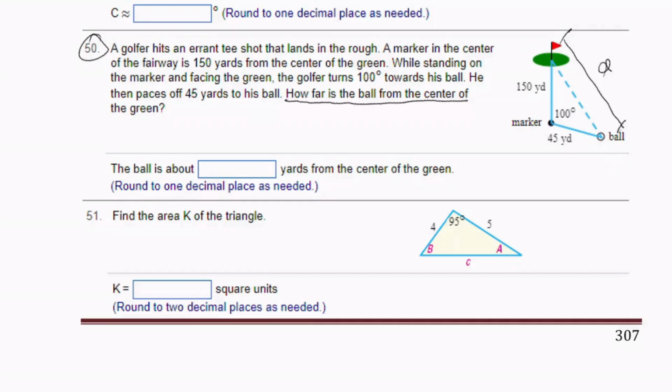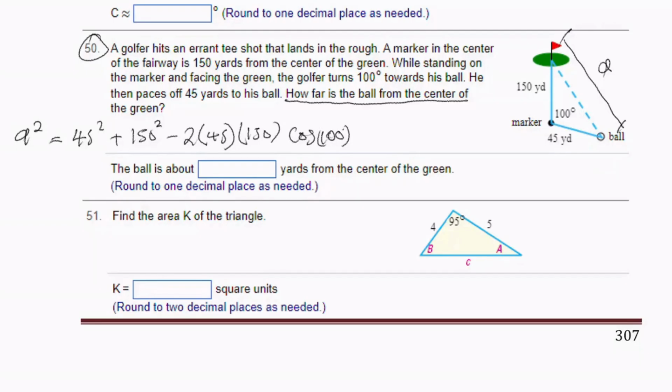So we're looking for A, so we know that A squared is the sum of squares of the sides from the angle. So we have 45 squared plus 150 squared. Then I subtract twice the product of 45 and 150, then I multiply by cosine 100 degrees.